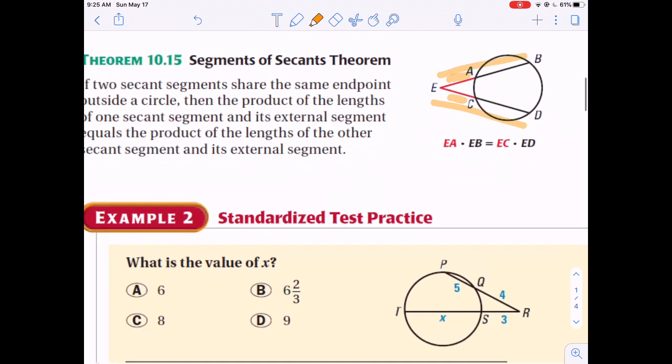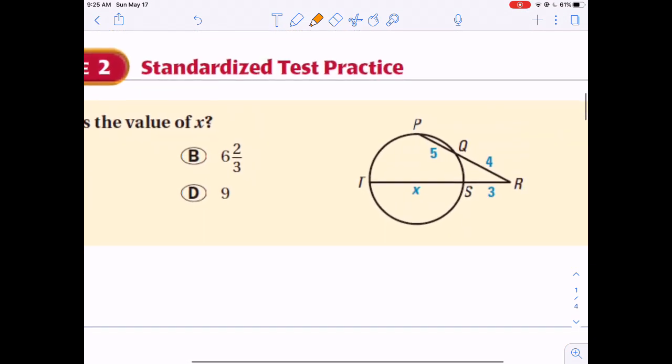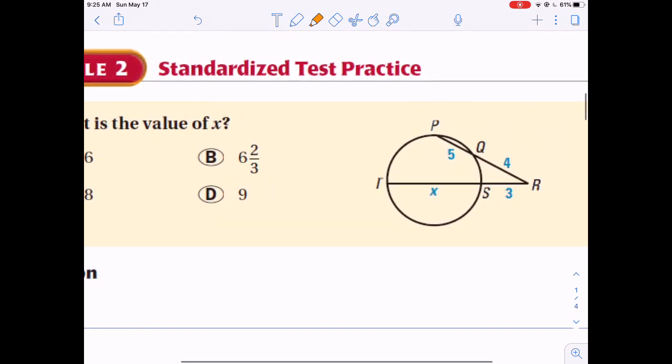So let's go find an example of that right here. Again, the outside piece, this little piece here, times the sum of that length will equal this outside piece times the sum of that full length. So here's how it looks.